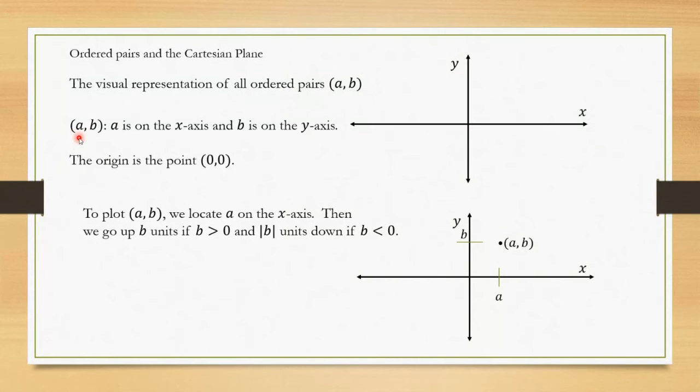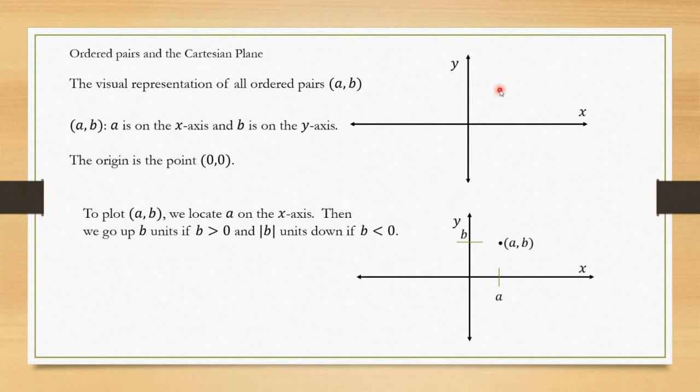First number, the A, from the x-axis. The second number, B, from the y-axis. And also, the origin, that's where they intersect, right? That's just the point (0, 0). Basically, the idea is this.